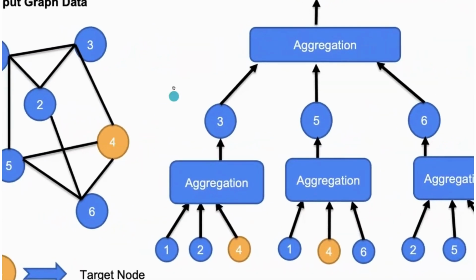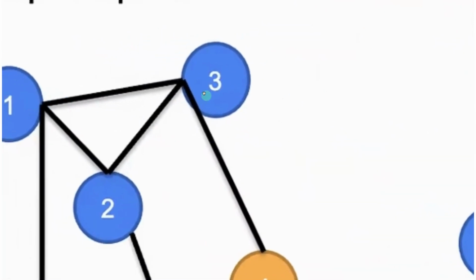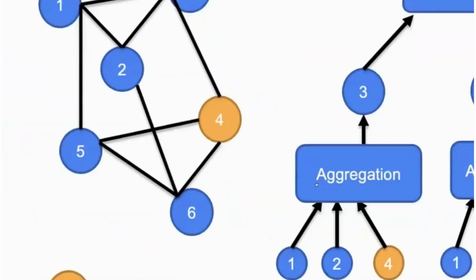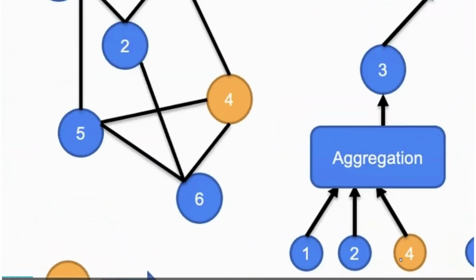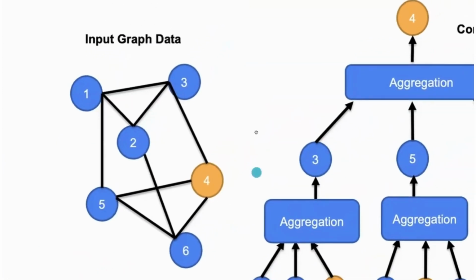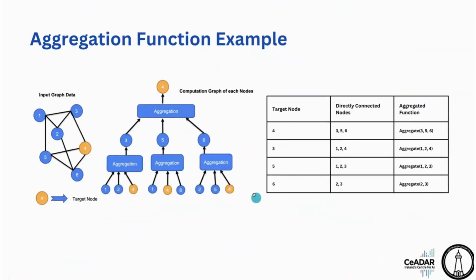Now let's consider 3. Here, 1 is directly connected with 3, 2 is directly connected with 3, and 4 is directly connected with 3. So this is subgraph-level information aggregation. Once this subgraph-level aggregation is considered, all this information is passed into 3. Now all the information of 3 is aggregated and passed into 4. That's how each and every node and its neighbors are connected, and that's how we find an aggregation function.